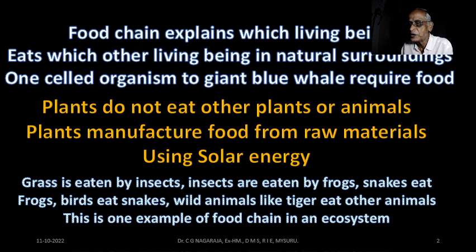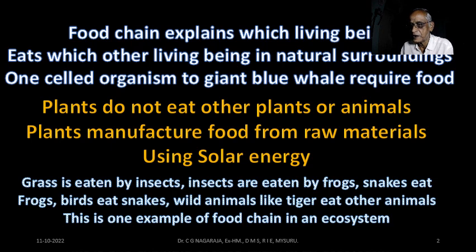Only plants do not eat either other plants or animals. It is a question you must ask yourself why that is so in nature. Plants manufacture food from raw materials using solar energy, and plants become the source for all living beings.